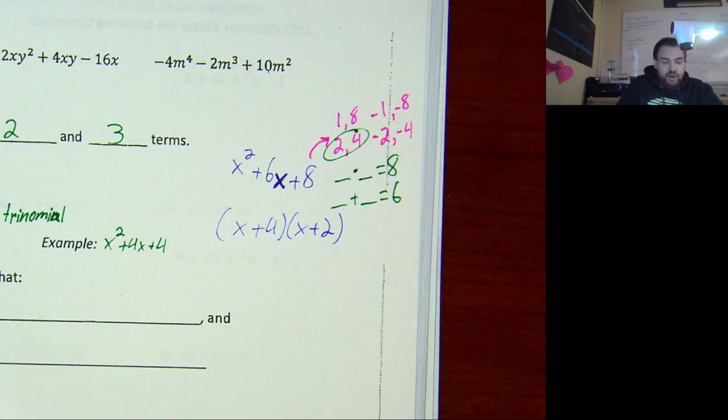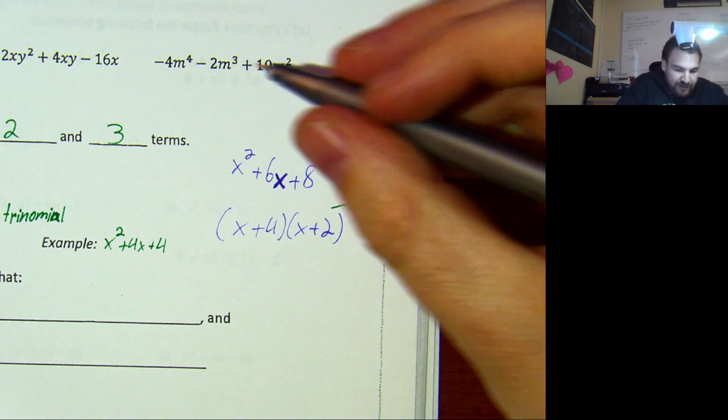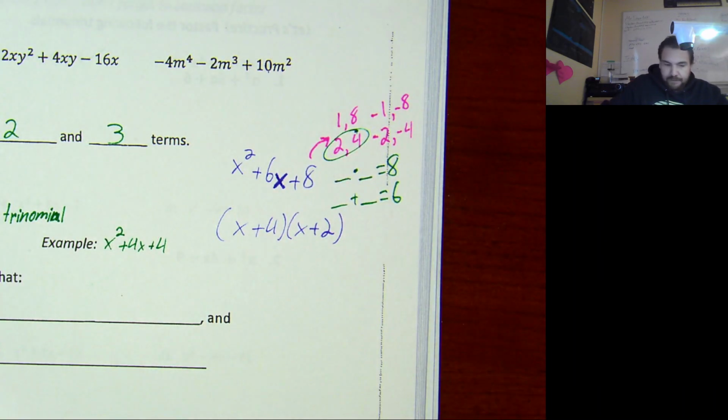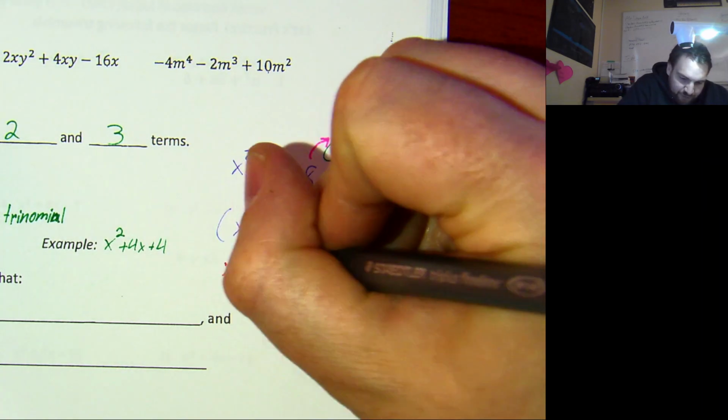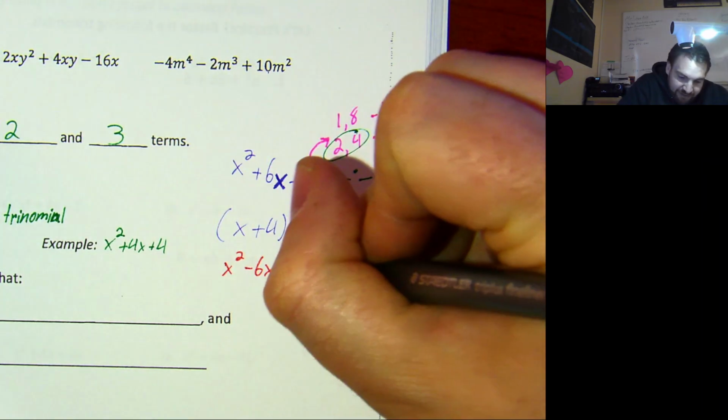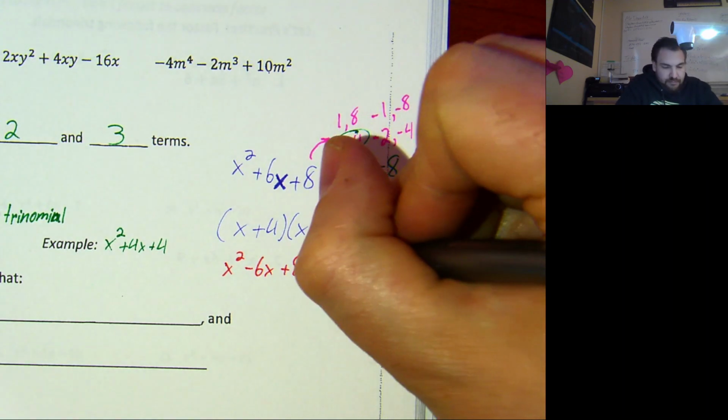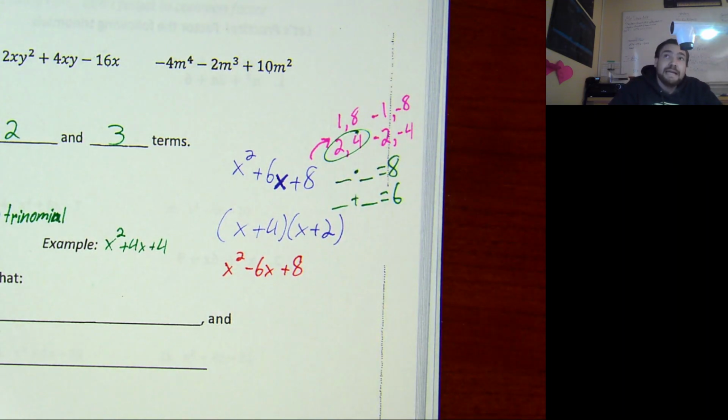What if my polynomial had instead been this guy? I'm going to do x squared minus 6x plus 8. Now I want my two numbers to multiply to positive 8 and add to negative 6.